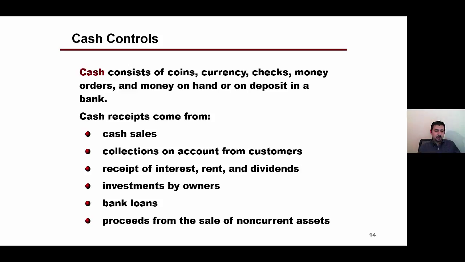For example, they provide a service for cash, or they make a sale directly for cash. Also, when they collect the debts of their customers, in other words, when they collect accounts receivable, when they receive interest sometimes, or when they take a loan from the bank, all these can generate cash to the company depending on the way it was paid.